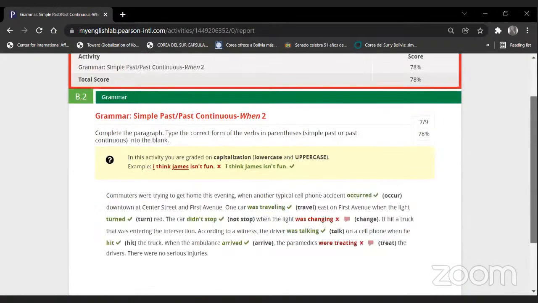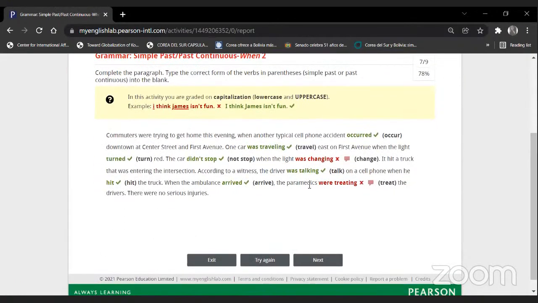Didn't stop. Why? The car didn't stop when the light was.